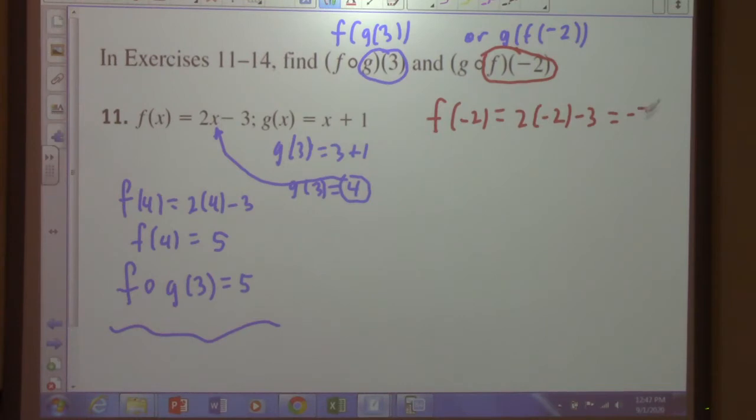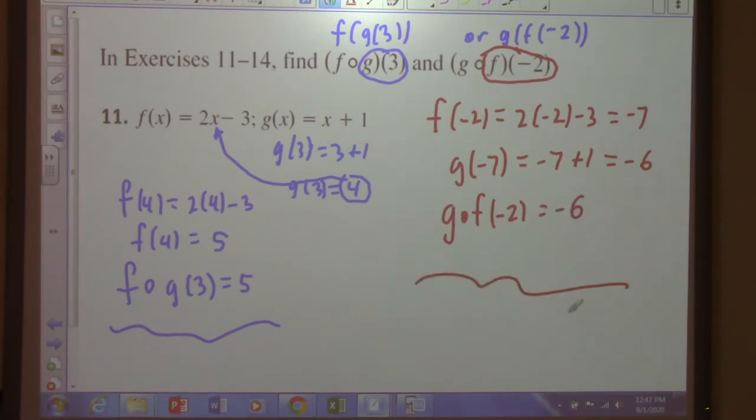So what is that going to be? Negative 7? I think so. So now we take this negative 7 and run it through where? The other one. So g of negative 7 is equal to negative 7 plus 1, which equals negative 6. So now we can write g of f of negative 2 is equal to negative 6.